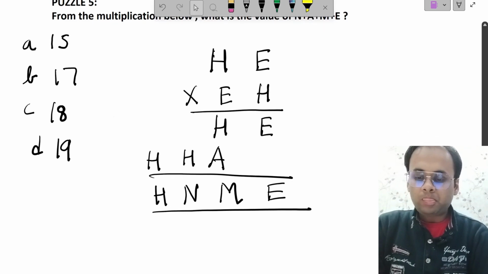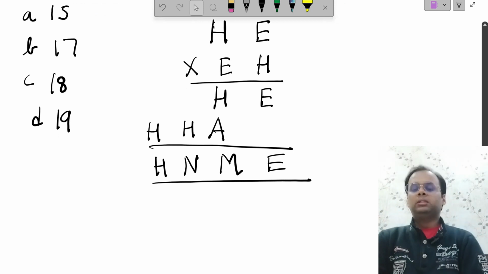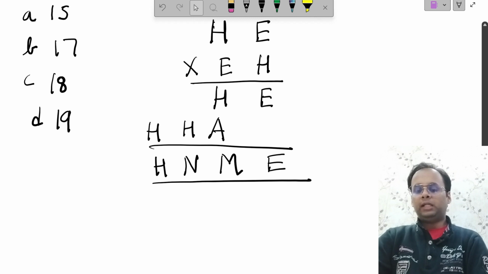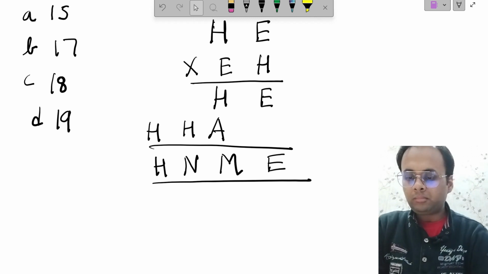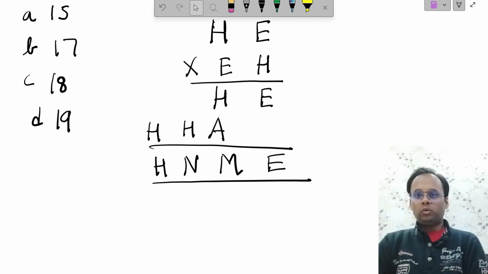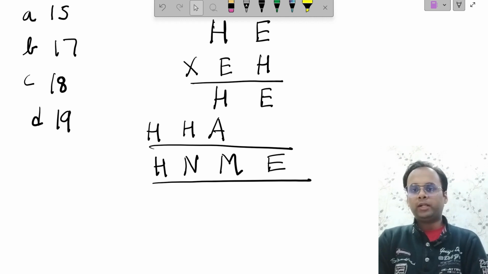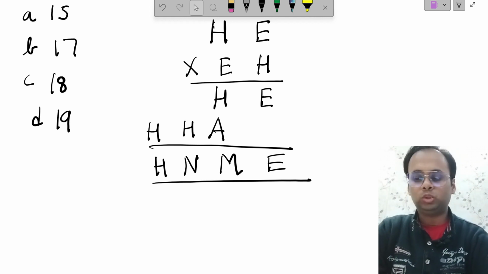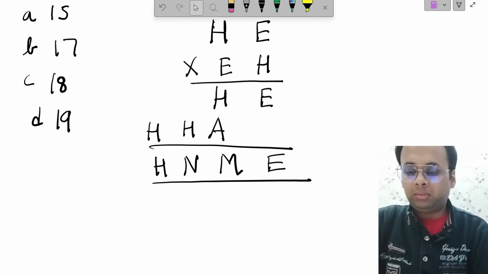Okay, so here's the multiplication. Now we have to apply some common sense behind solving such questions. And in case you want to find a particular approach, do visit the description link which points to our cryptarithmetic problems. So it says HE into EH equals HE and this.